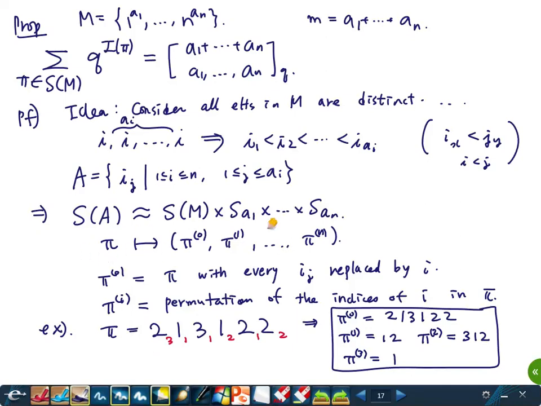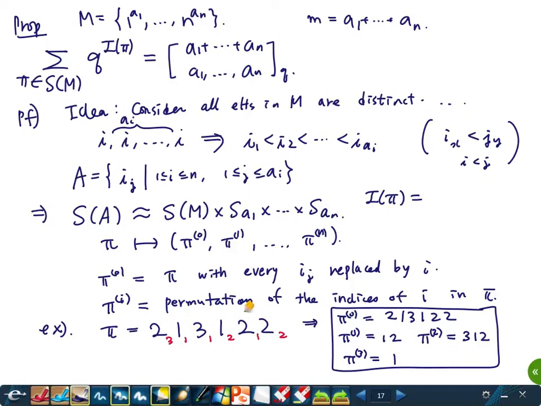So this is a bijection. So they are more or less the same. But under this bijection, what can you tell about the inversion number of pi? If you have this correspondence and you want to compute the number of inversions here, just look at these bigger numbers.